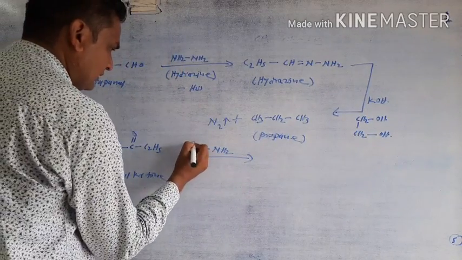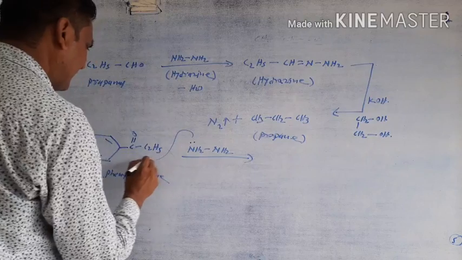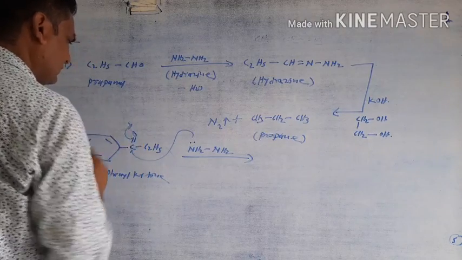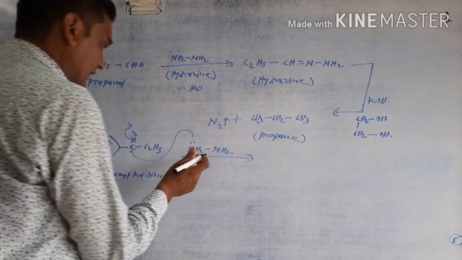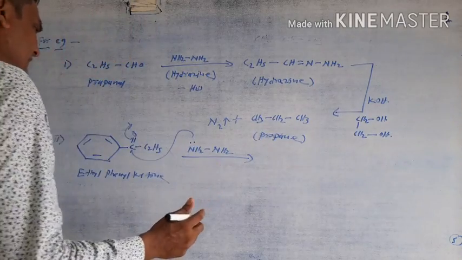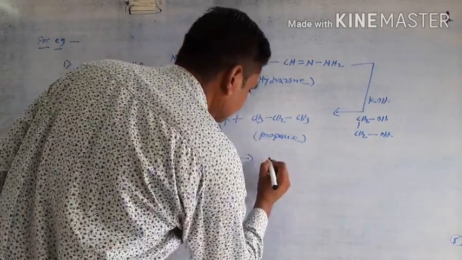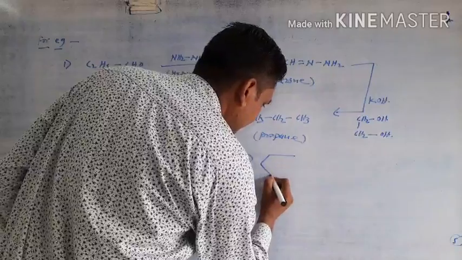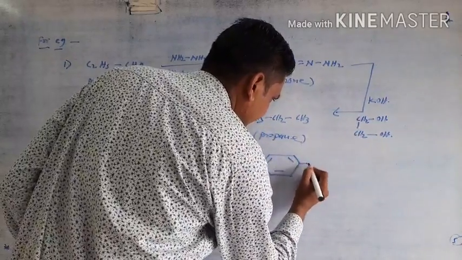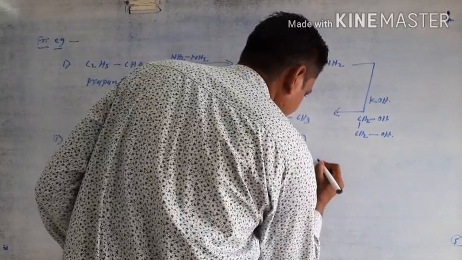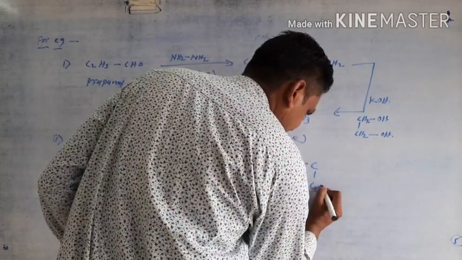This lone pair of electrons attacks here, and the oxygen is removed as water, and here hydrogen is lost, then gives this type of molecule, the hydrazone, with C2H5.